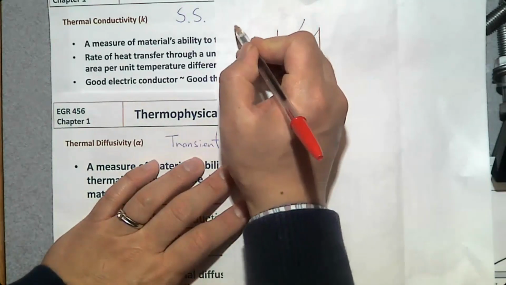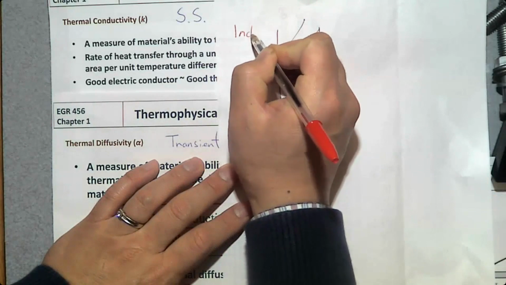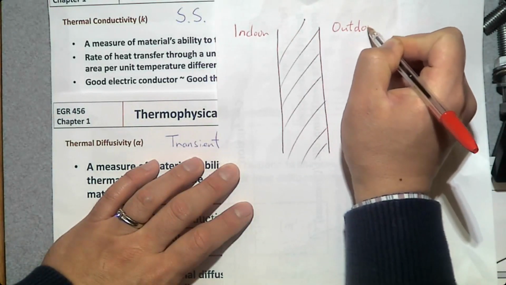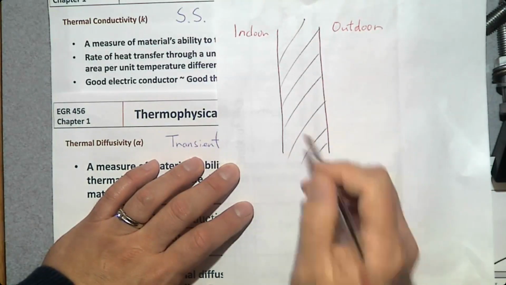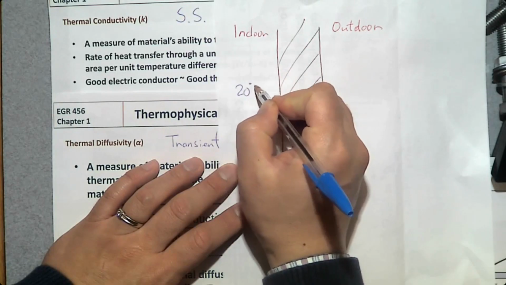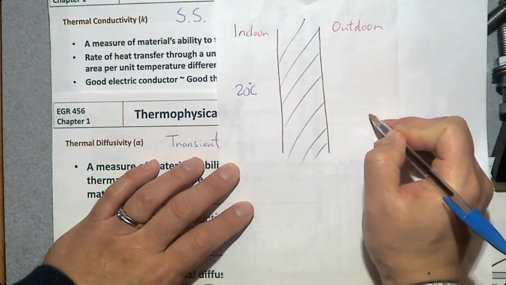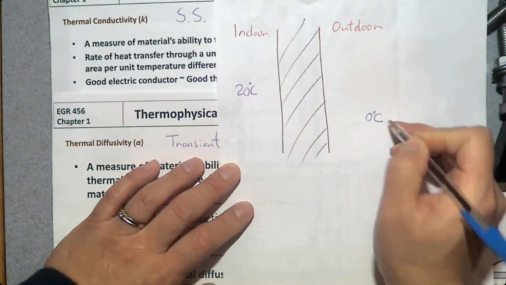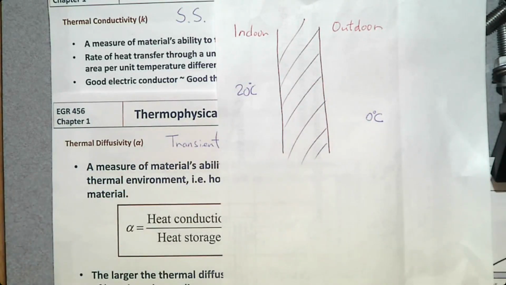So this is indoor, and there's outdoor, and there's a wall dividing these two. Inside is 20 degrees Celsius. Outside, let's say it is near Christmas break, 0 degrees Celsius.